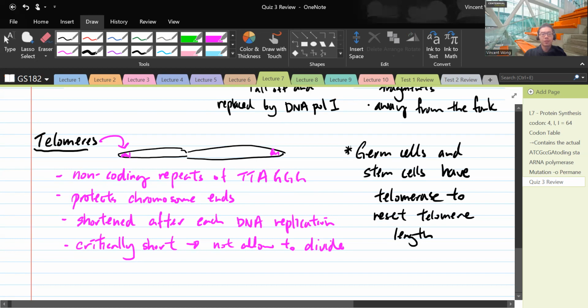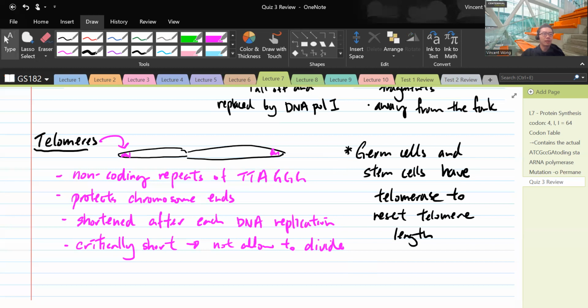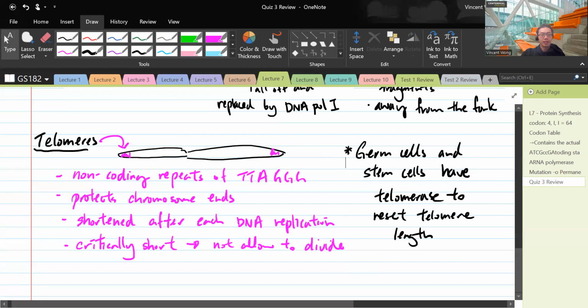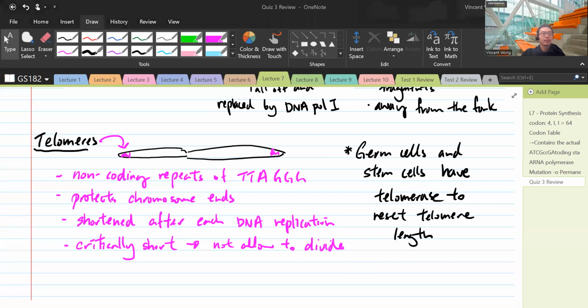Okay, so that when we pass on to our next generation, they're not going to start with critically short telomeres, right? So that is that.